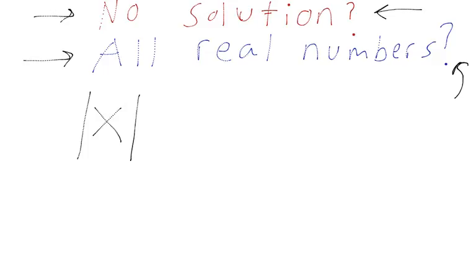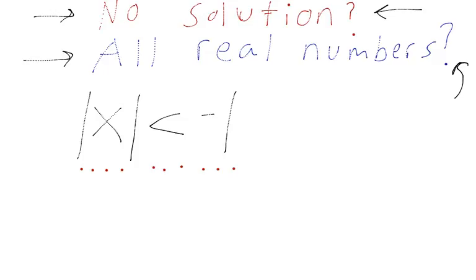Let's say I have the absolute value of x, and I'm going to say it's less than -1. So what I'm saying here is that the distance from 0 has to be less than -1. So think about this. Is that possible? Can I actually have this where my distance is less than -1?